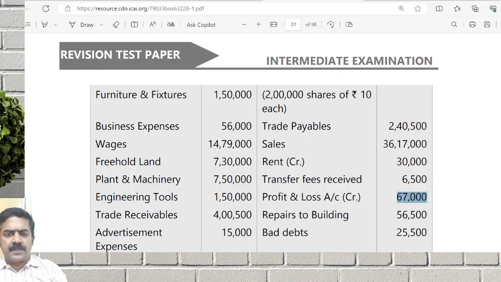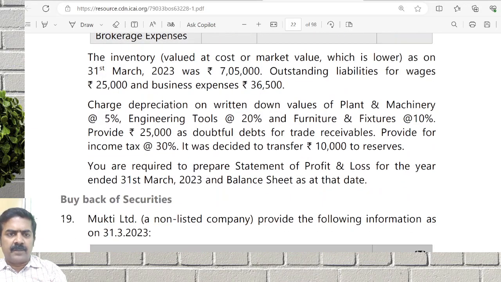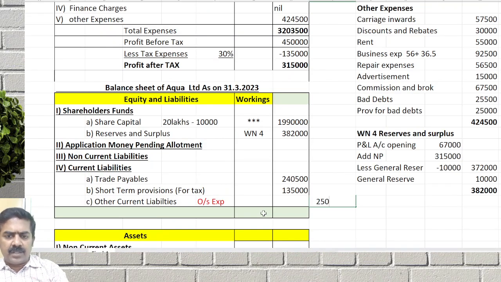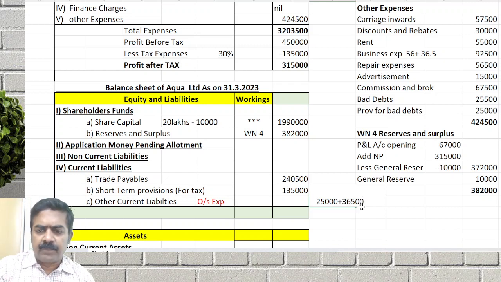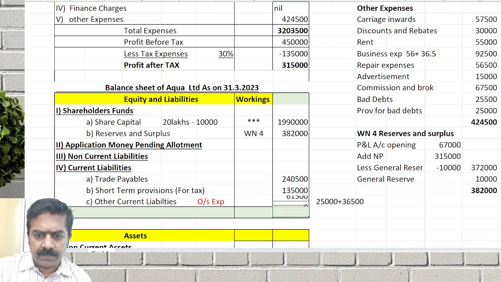What are all the outstanding expenses in this question? They are given in the adjustment. 25,000 plus. In the exam, show the working note. 26,000 plus 36,500 will come as outstanding expenses. Any other thing that I missed out? Provisions other than that, we will leave out.